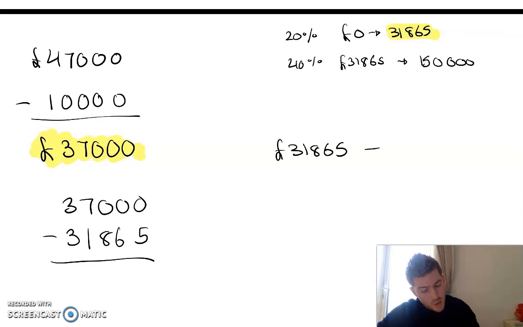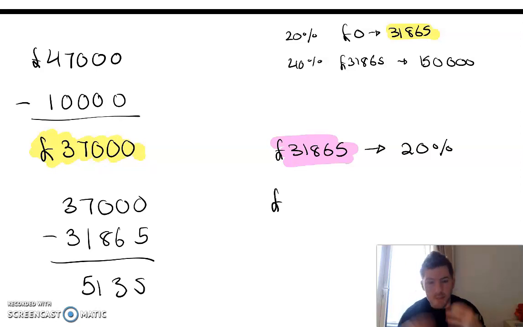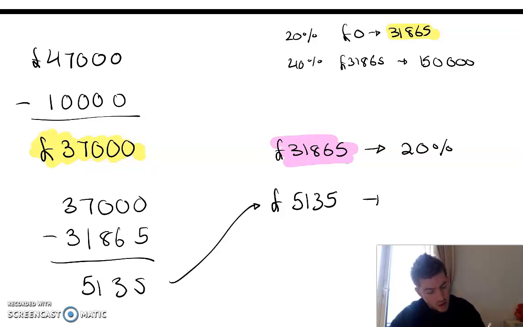You're going to get 20% on this amount here, and what's left over is 37,000 take away 31,865, which is 5,135. So that amount is above your threshold of 20%. So that amount here, you get 40% of that taxed.